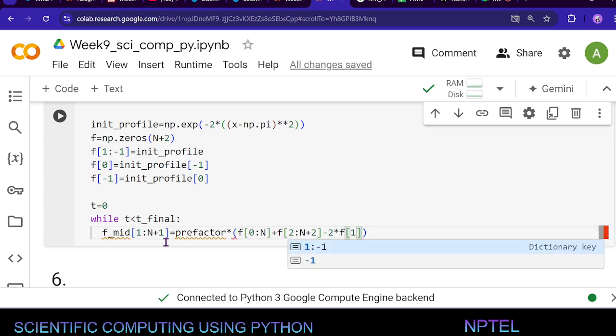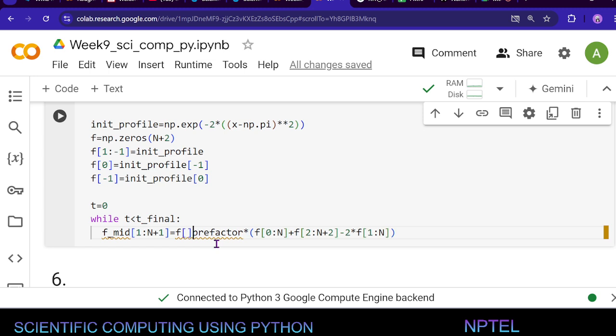So 1 to n is the real space array, and 0 and the last element are the ghost points. Okay, and this has to be added to itself, right? So f of 1 to n plus prefactor.